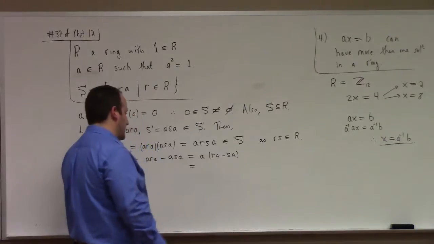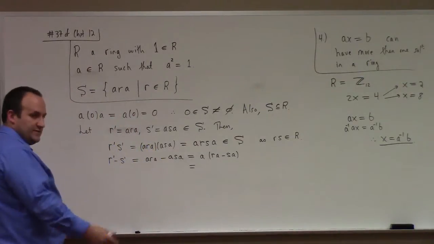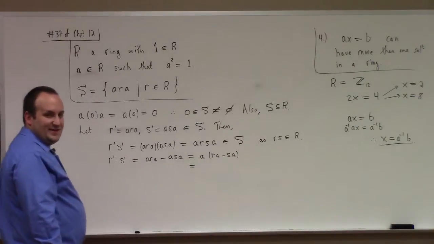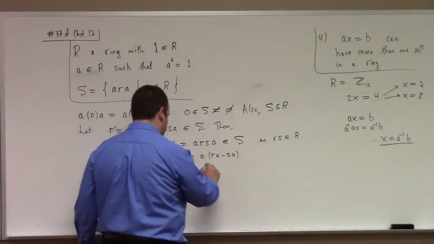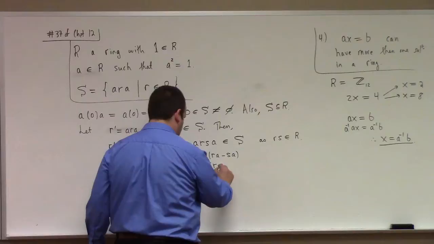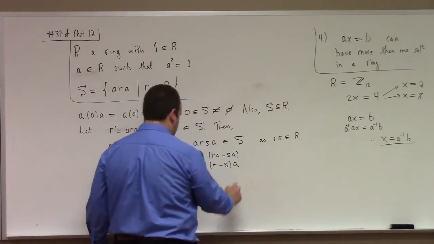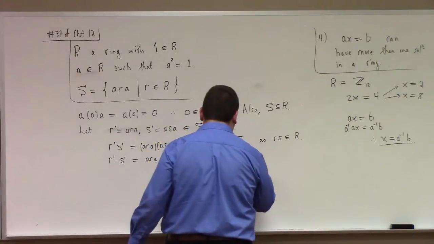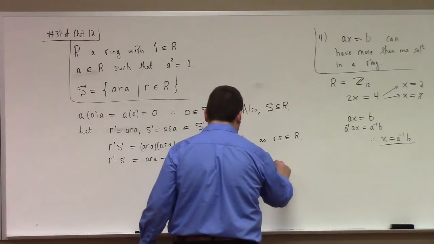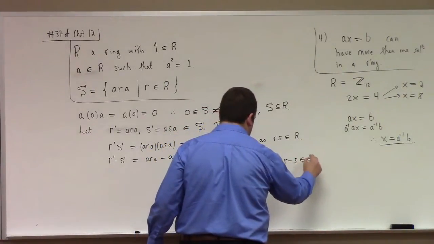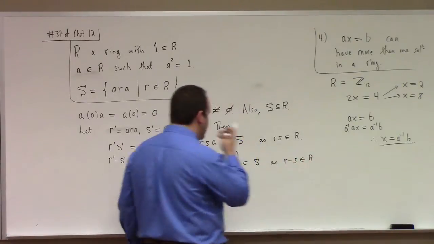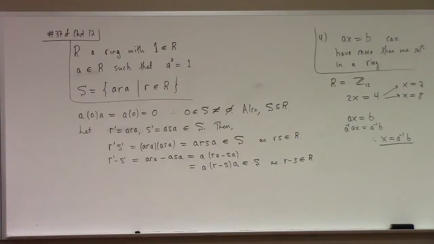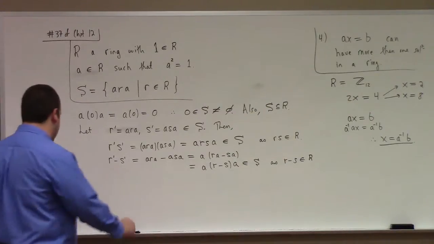That's by the right distributive property. And then use the left distributive property there. And there you go. So using both of the distributive properties, that's an element of S, as R minus S is also an element of the ring, because the difference of elements in a ring is again in the ring. So consequently, S is a subring by the subring test.